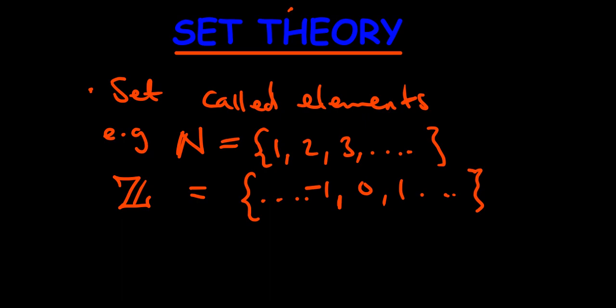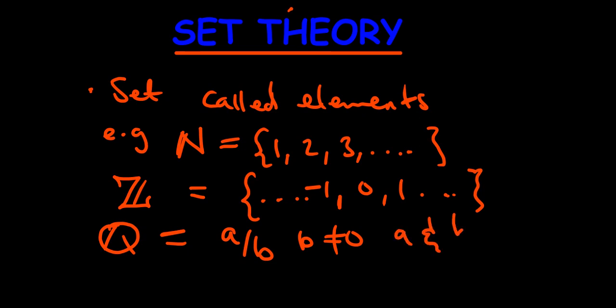Then we have rational numbers. Rational numbers, by definition, are numbers that can be expressed in the form a over b, where b is not equal to 0, and a and b have no common factors.